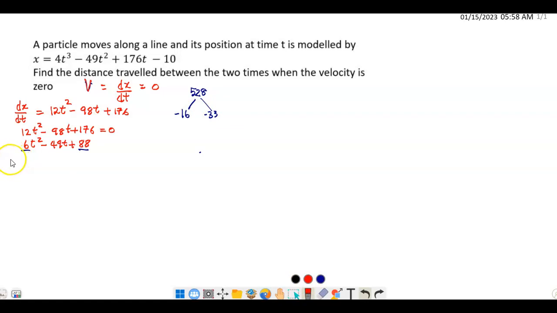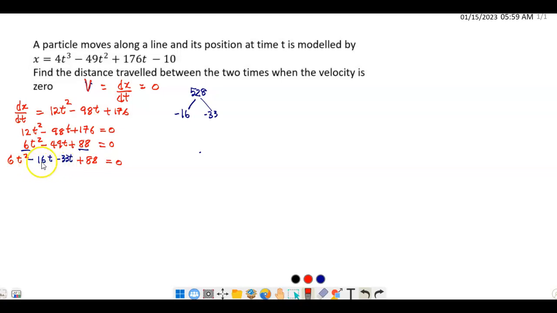So we rewrite the equation as 6t squared minus 16t minus 33t plus 88 equals 0. So nothing really changes there.